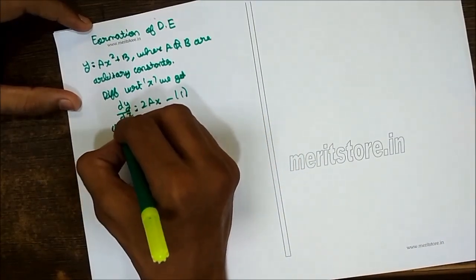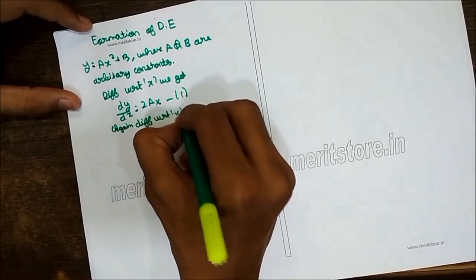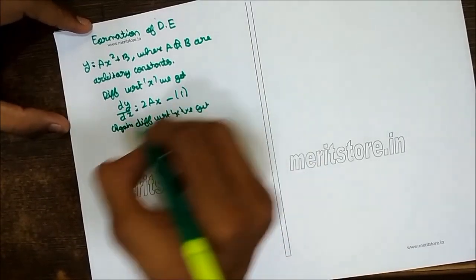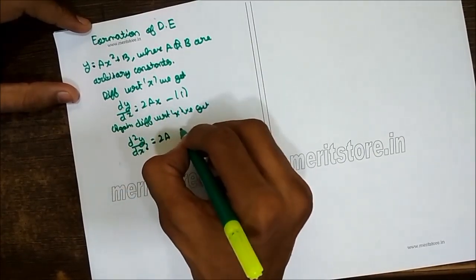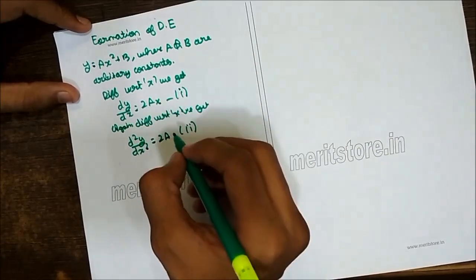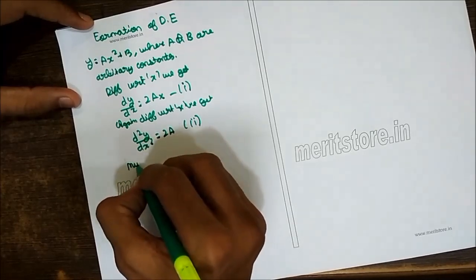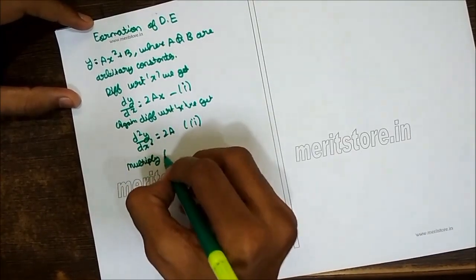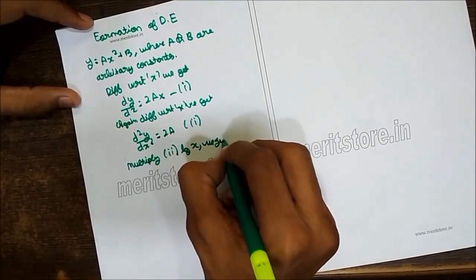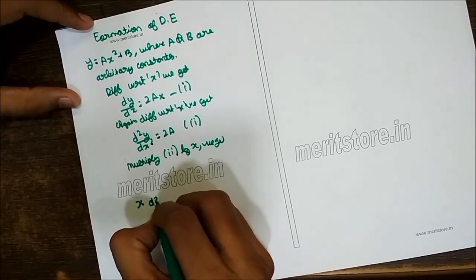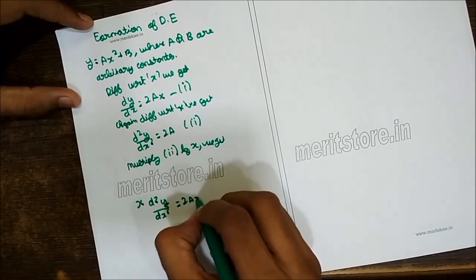Again, differentiating with respect to x, we get d square y by dx square is equal to 2a. That's the second equation. So now multiplying equation 2 by x, we get x d square y by dx square is equal to 2ax.